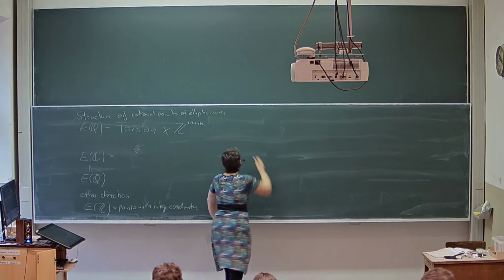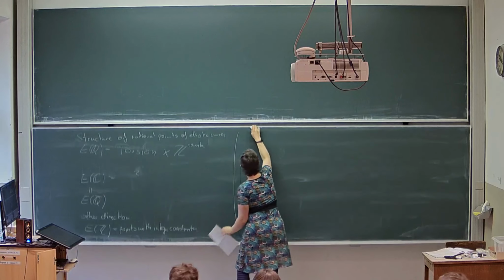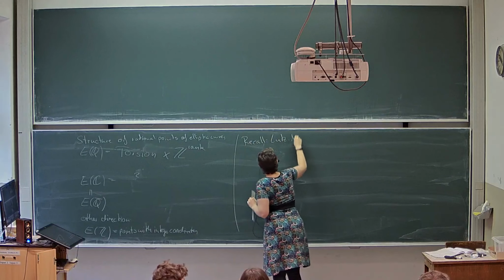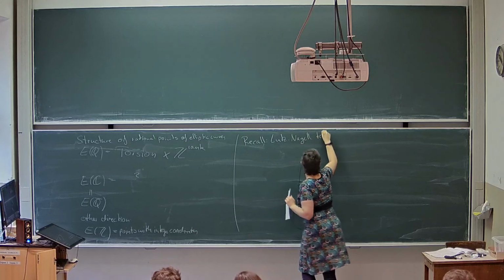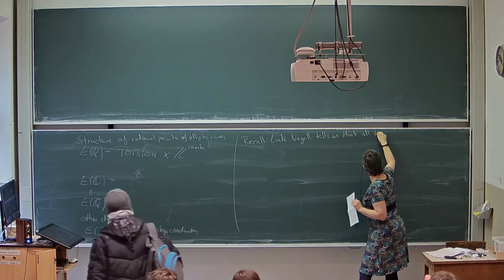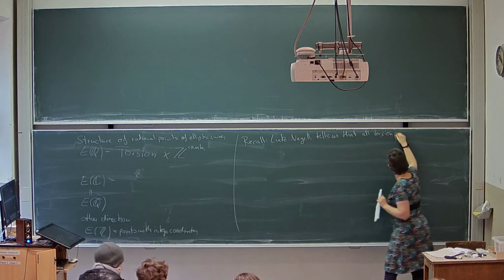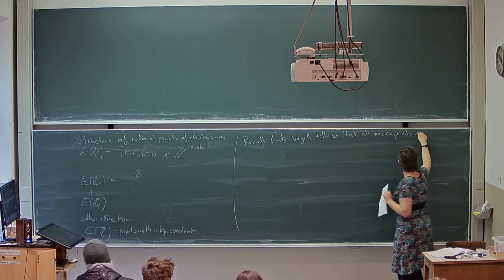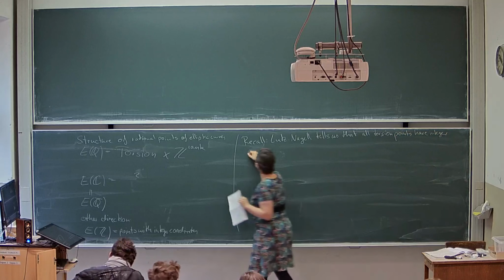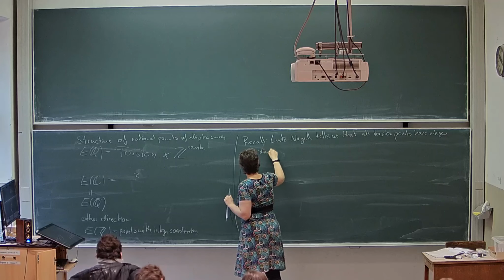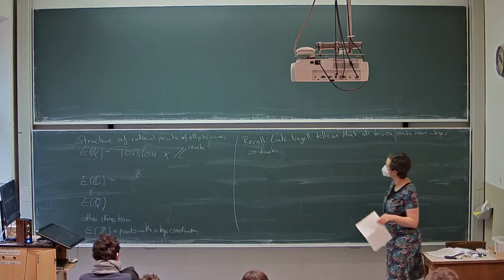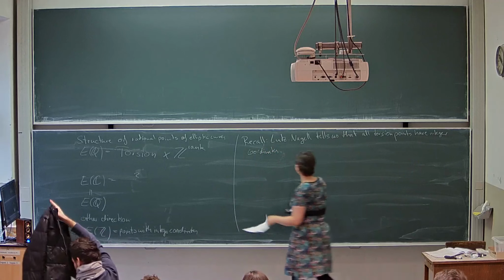So Lutz-Nagell tells us that all torsion points have integer coordinates, but the other way around is not true.